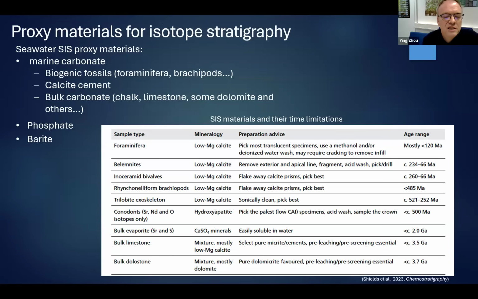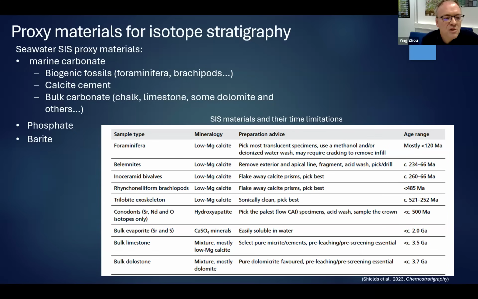So in relatively young samples, foraminifera is a good choice because it's made of low magnesium calcite, which is not metastable. And if it's well preserved, it probably hasn't undergone any recrystallization. Belemnite similarly started off life as low magnesium calcite. Aragonite, of course, will eventually revert to low magnesium calcite.